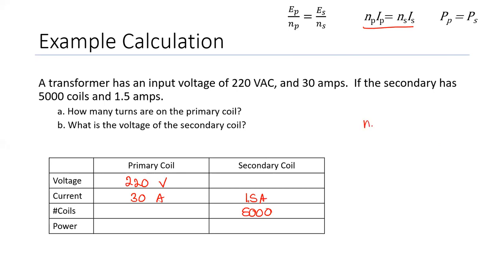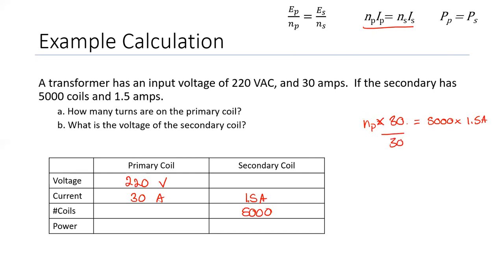The number of turns on the primary times the current on the primary, which is 30, has to be equal to the number of turns on the secondary, which is 5,000 times 1.5 amps. By the way, would this be step up or step down? Your current has decreased, so that must mean our voltage has increased. We'll find out when we calculate.